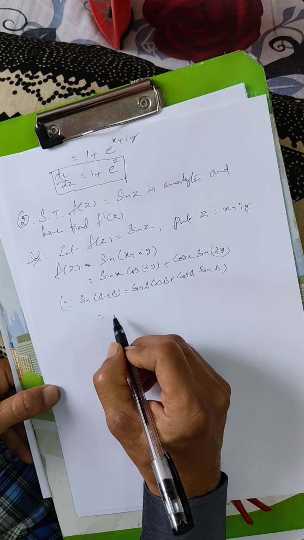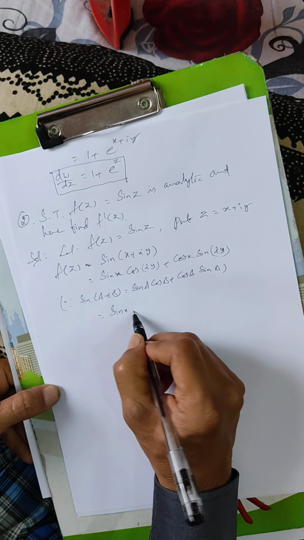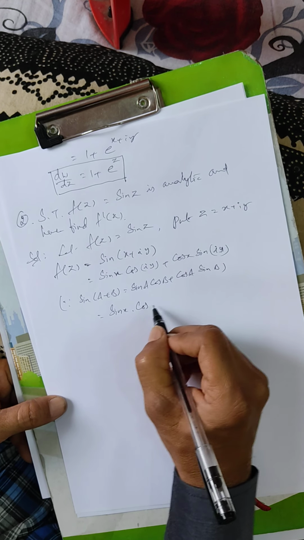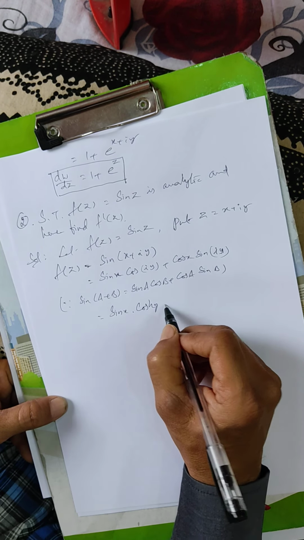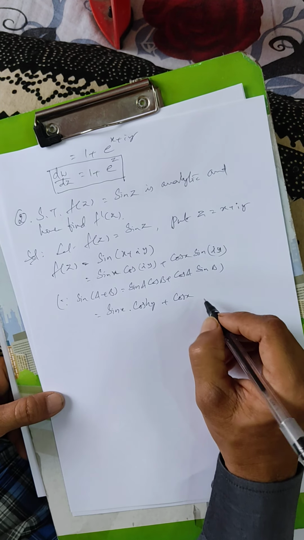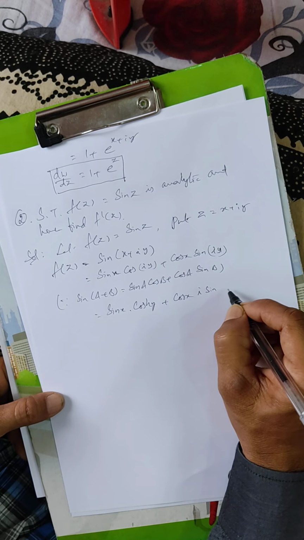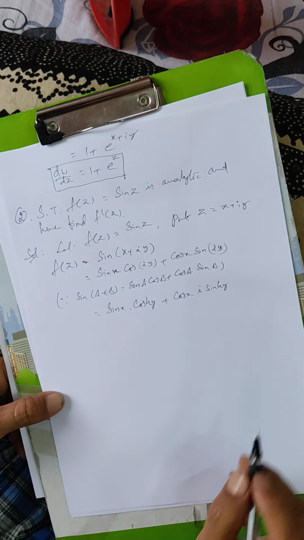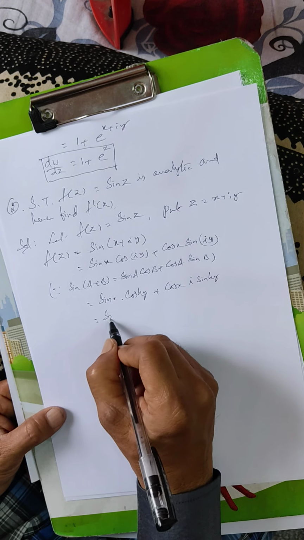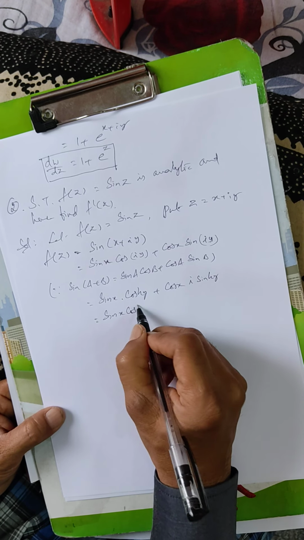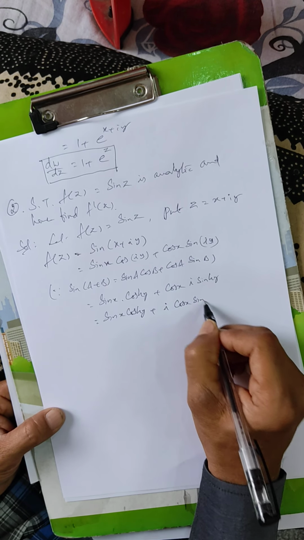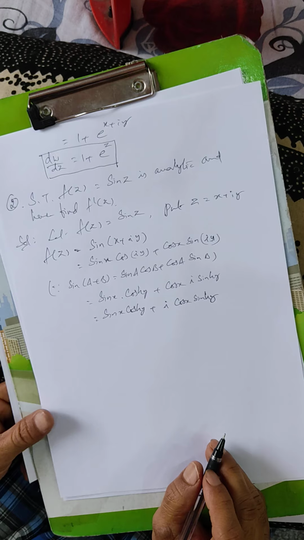That is equal to sin x into cos of iy, which can be written as cos hy, plus cos x into sin of iy, which can be written as i sinh y. So f of z is equal to sin x cos hy plus i into cos x sinh y.